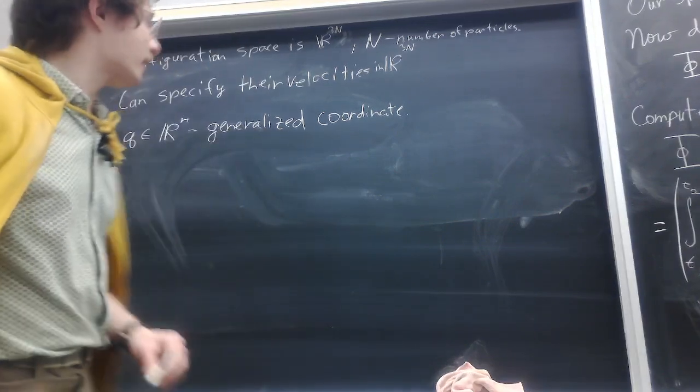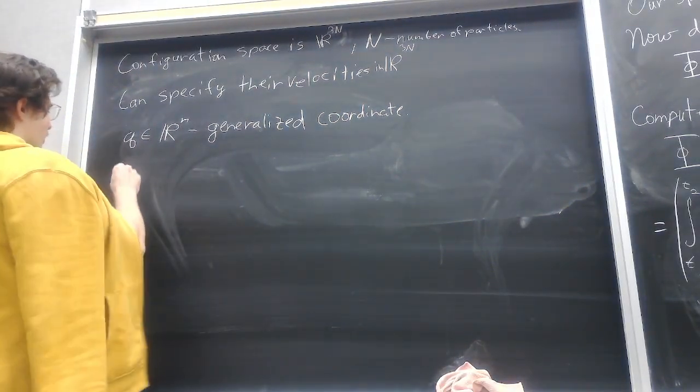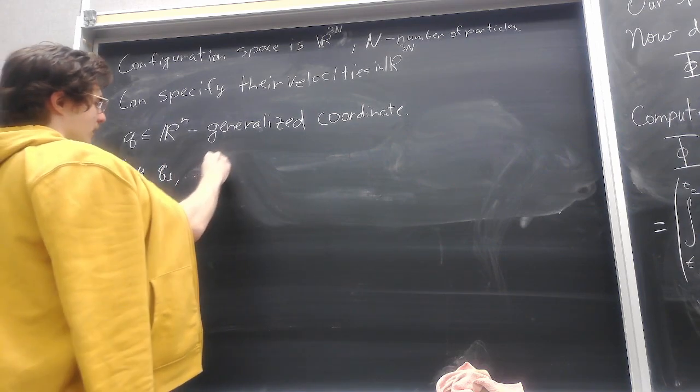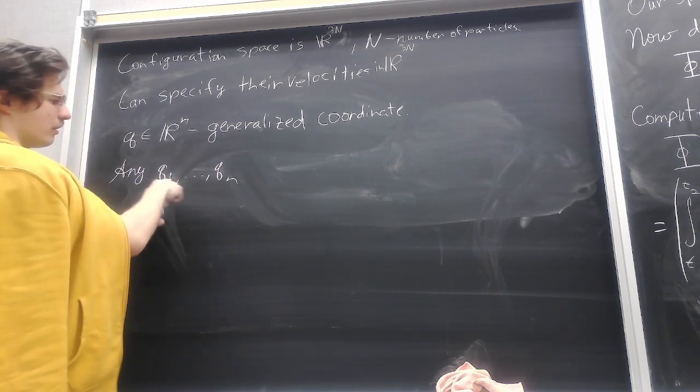So in fact, any Q1 up to Qn, so this was a vector. Now these are just numbers.